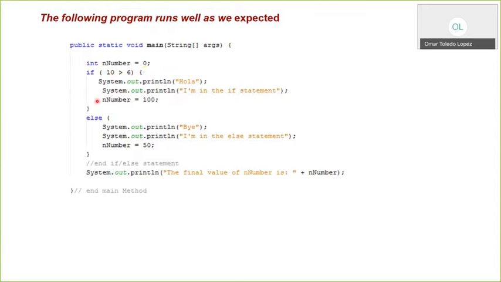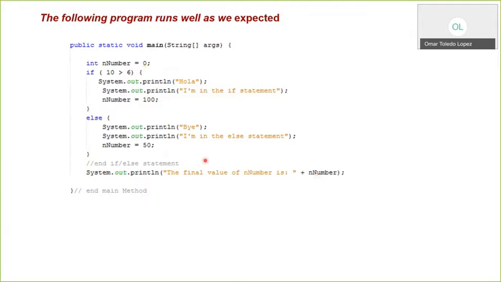Perfect. So this is true, right? So we're always going to skip the else, right? See the curly braces here? So we're going to skip the else and execute the next line. After executing the if statement, we skip the else and display the final value of nNumber.